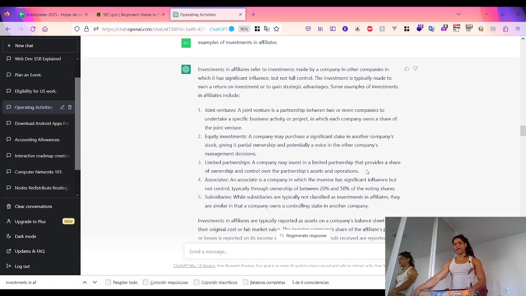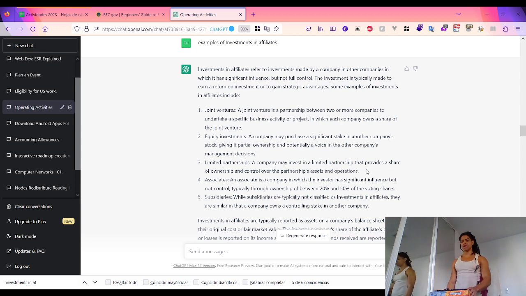You have to provide a share of ownership and control over your LP assets and operations. There is a trade-off. It depends, because that investor or company may be open and honest about it. It might be a good fit, but it's important to understand that this is one example of investment in affiliates.